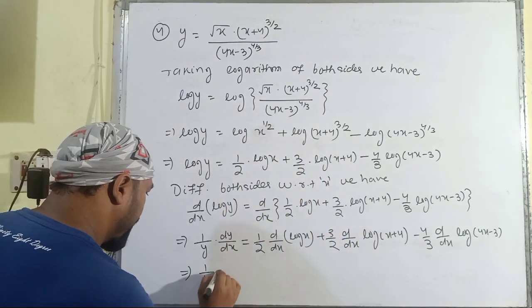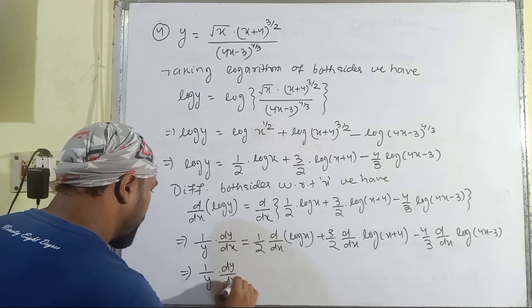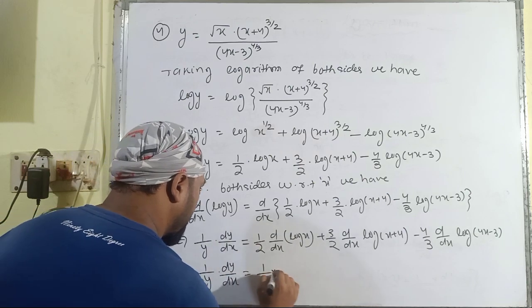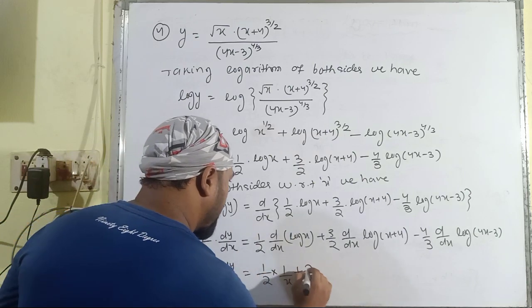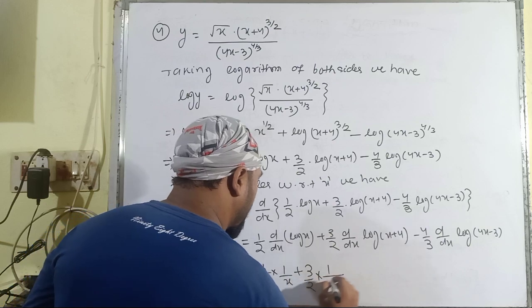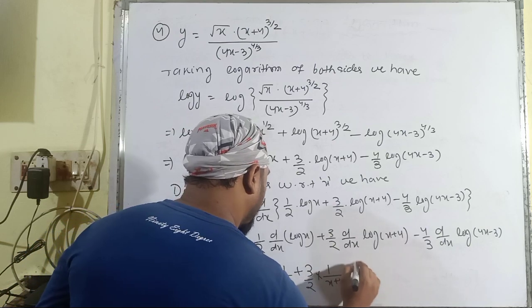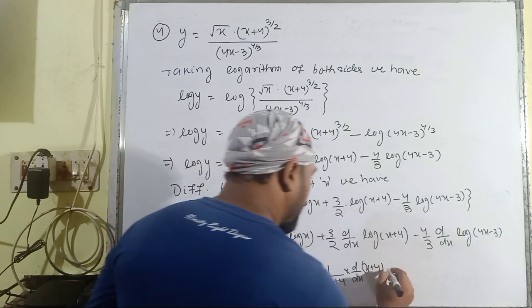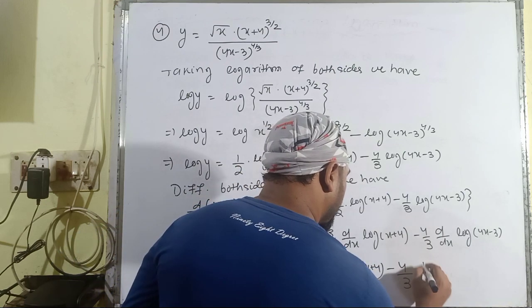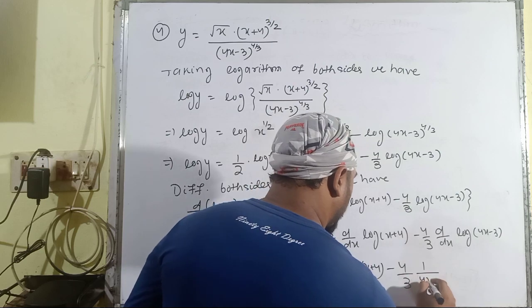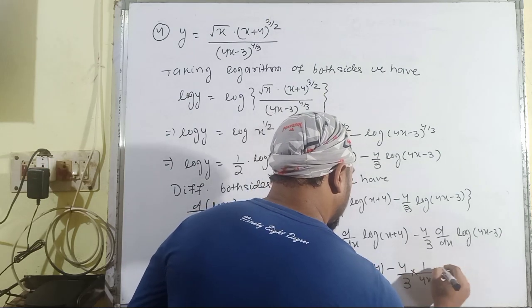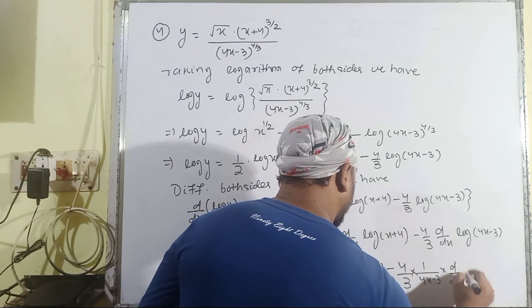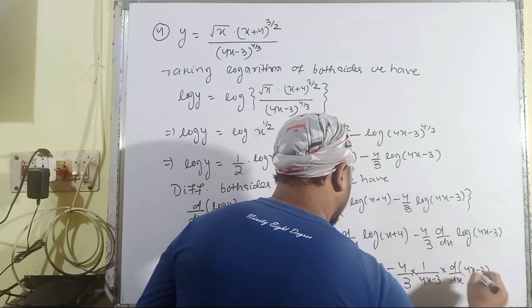Then it is (1/y) dy/dx = 1/2 multiplied with 1/x + 3/2 multiplied with 1/(x+4) again multiplied with the differentiation of (x+4) by using the chain rule, minus 4/3 multiplied with 1/(4x-3), again multiplied with the differentiation of (4x-3).